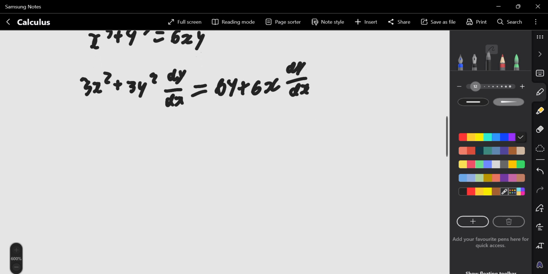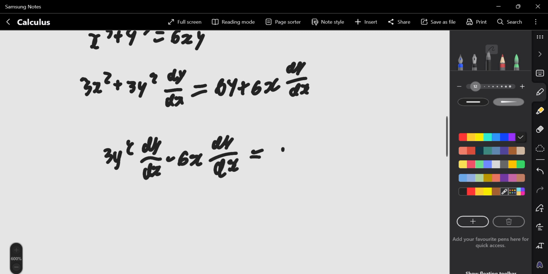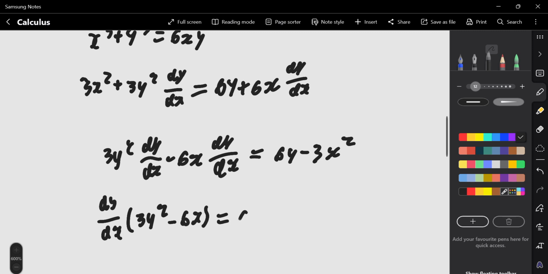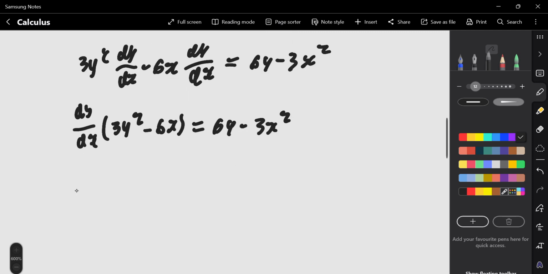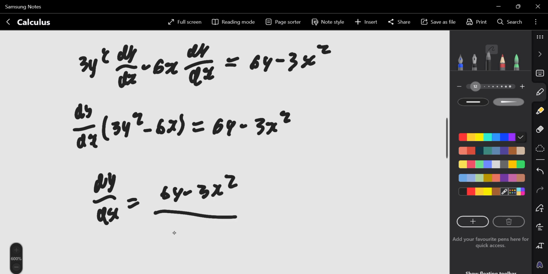So we're going to have 3y squared dy by dx minus 6x dy by dx equals 6y minus 3x squared. Factor out dy by dx, equals 6y minus 3x squared. Divide through, and dy by dx is going to be 6y minus 3x squared all over 3y squared minus 6x.